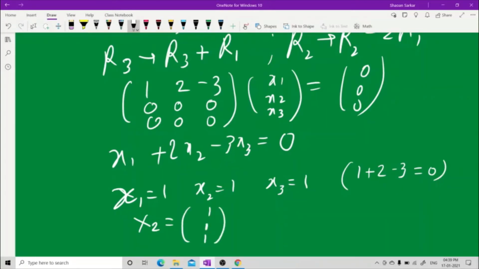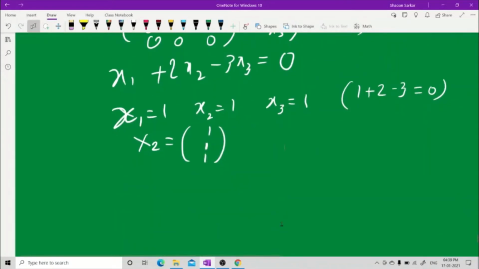Now suppose I want to find the next vector, using the same equation. I take x1 as minus 2, x2 as 1, and x3 as 0.